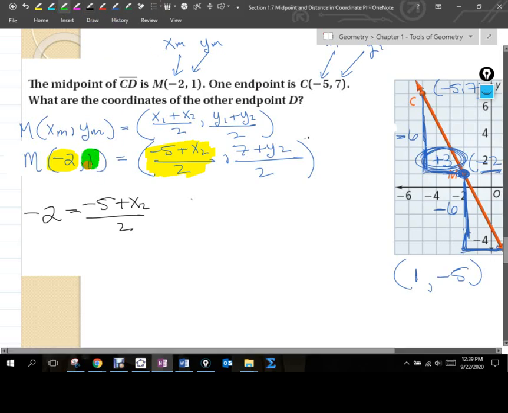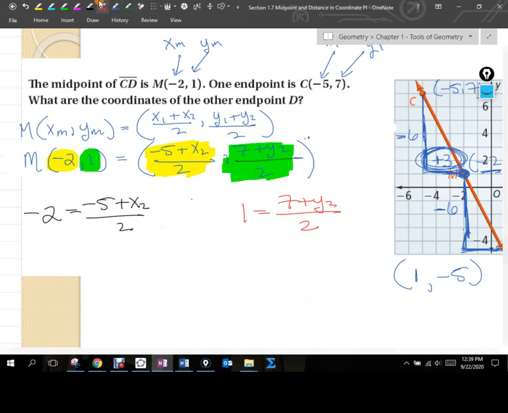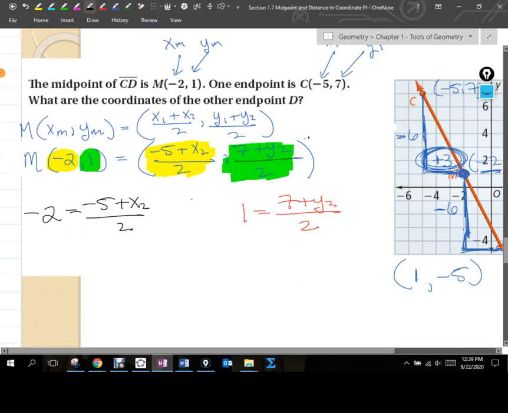What about this one? That y value should be the same as that y value. So I'll set those equal as well. So I'll say 1 is equal to 7 plus y sub 2 all over 2. Now, if you have an equation, let's solve this black one. If you have an equation that has a fraction in it, you want to get rid of that fraction as soon as possible, right?